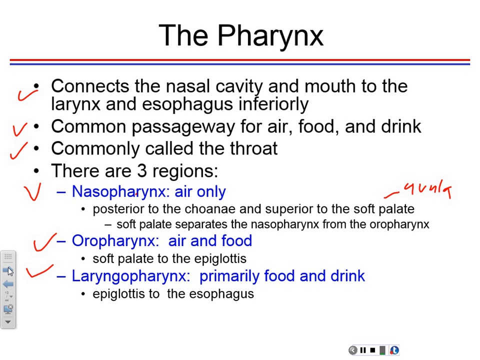Because the epiglottis is the flap that closes down the larynx when you're swallowing, because that channel leads to the esophagus. If the epiglottis is open, the air just goes into the larynx.